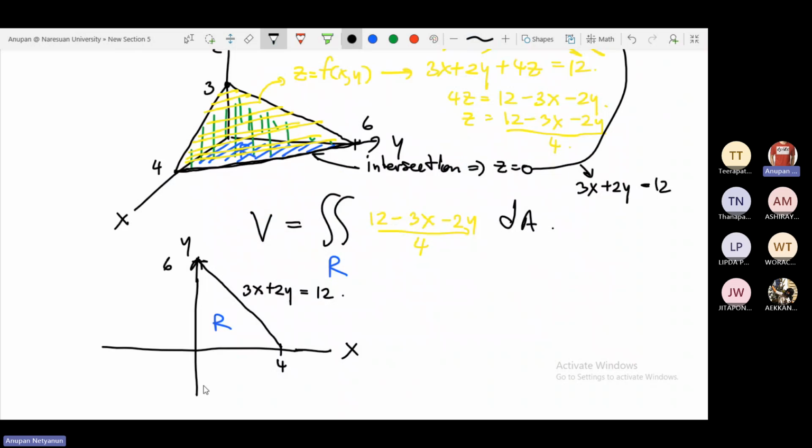Well, if you look at any fixed x, you can see that the running number for y starts from the point on the x-axis to this line. It's all the same pattern. That means you can do the integration with respect to y first, okay?